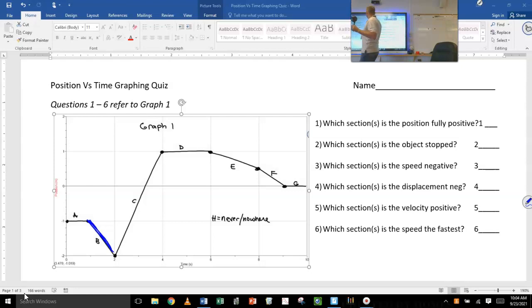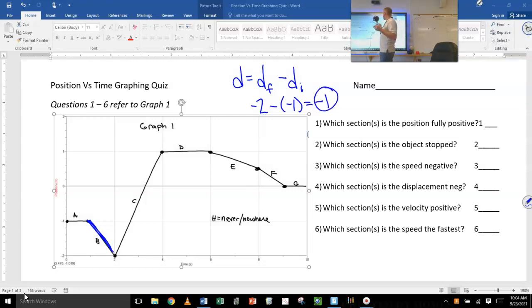Your displacement is always your final position minus your initial position. So, for instance, in this case, my final is -2. My initial is -1. So -2 minus -1 is -1. So that displacement is negative.